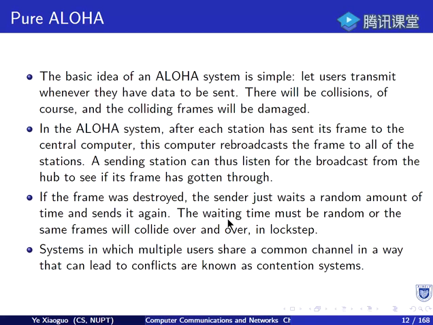If two machines send their frames simultaneously, and they wait for the same time, for example all of them wait for 1 second, then after 1 second they send again, and the frames will collide again, right? So the period of waiting time should be random.